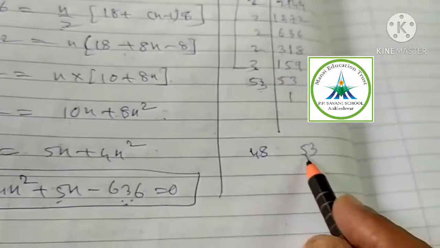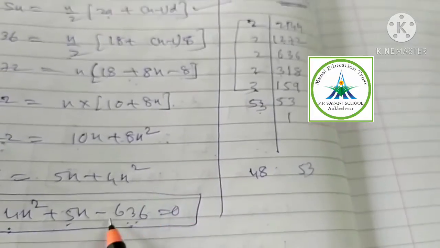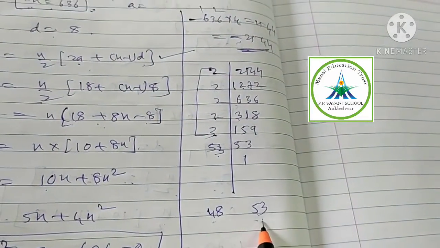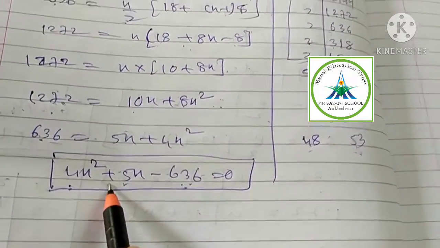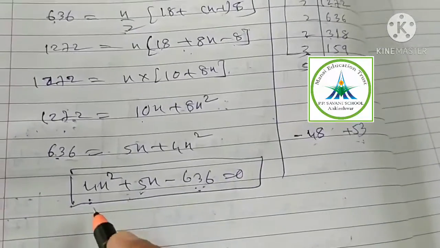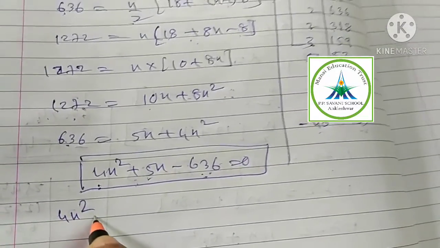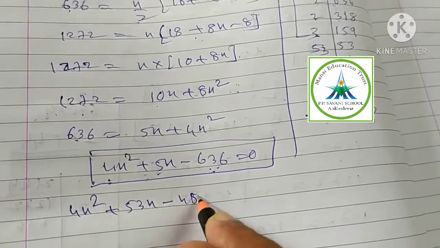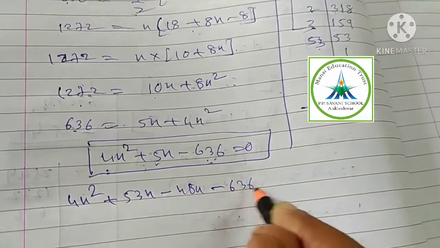So we should take 53 positive because the product is negative. So one of them is negative. Which is to be made negative depends upon the middle term's sign. It is positive, so the bigger number is positive, the small number negative. We are getting it. Now see, 4n square plus 53n minus 48n minus 636 equal to 0.